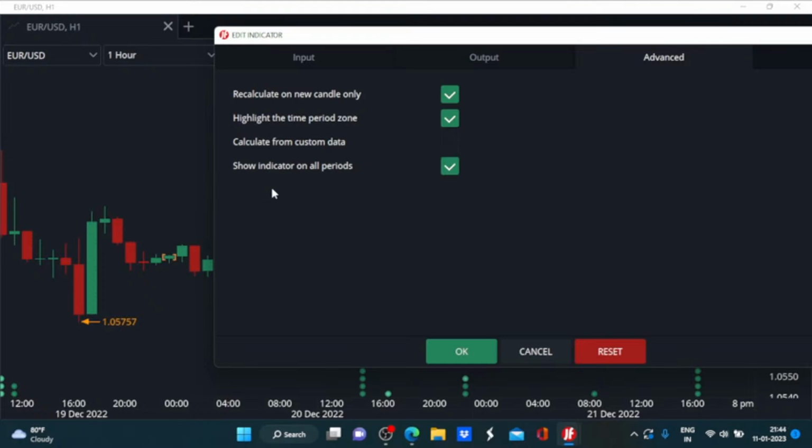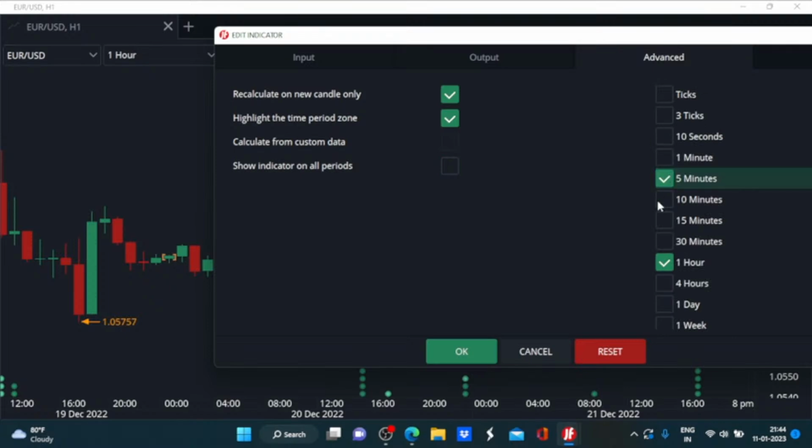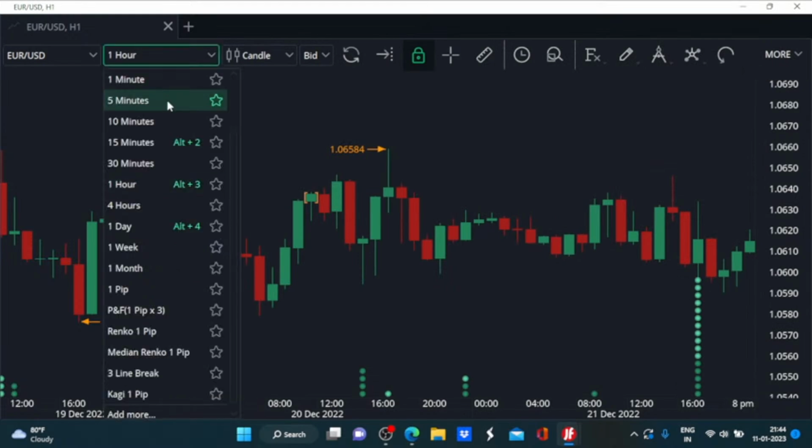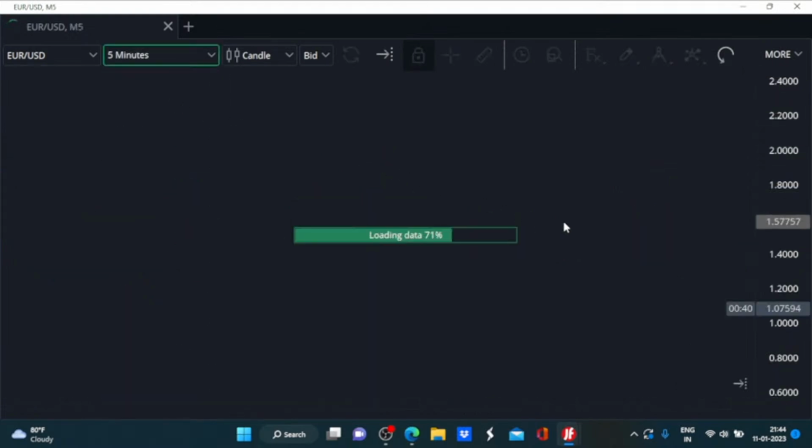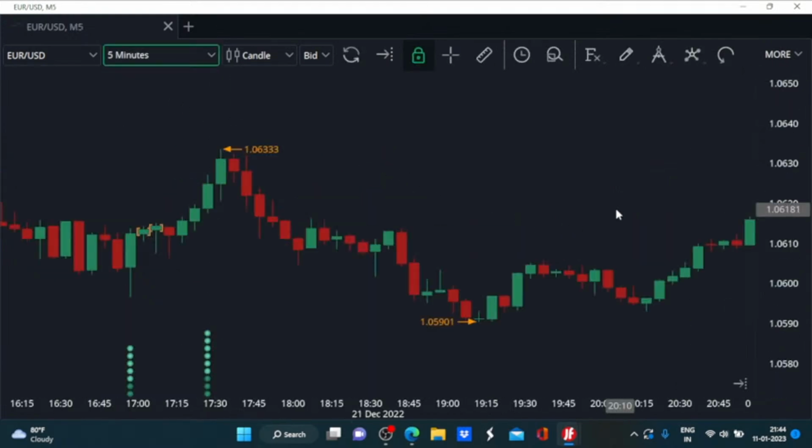Now we can have this indicator available on the candle period of our choice. So for that option, we can specify on which particular candle time frame we want it, and accordingly we can select these options, and only on those chosen time frames this particular formation will appear. On other time frames it won't be available to us.